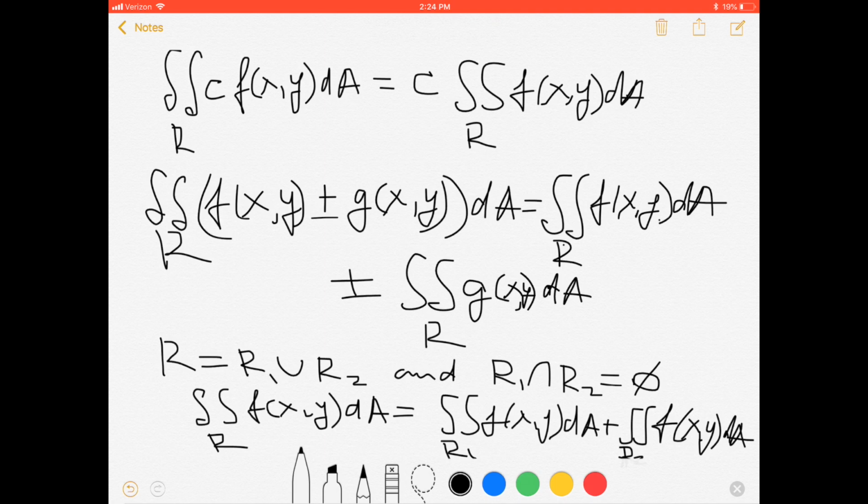Okay, it's great. We can write a couple more properties similar to what we have before.